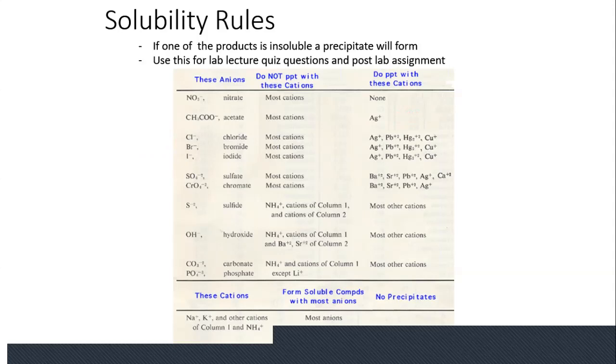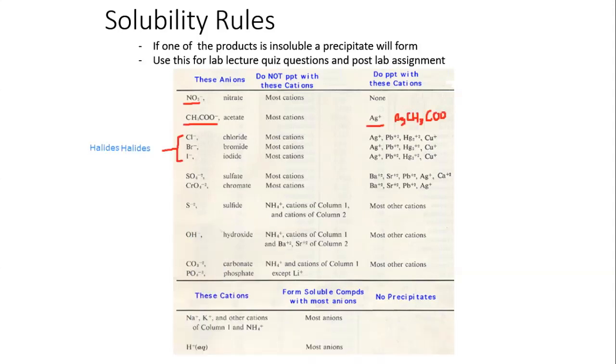So for halides, all of them are soluble except silver, lead 2+, mercury 1, and copper 1. If it's one of these 4 cations, it's going to be an insoluble halide. Now for sulfates, all sulfates are soluble except these 5 cations: barium, strontium, lead 2, silver, and calcium. All other sulfates are soluble.